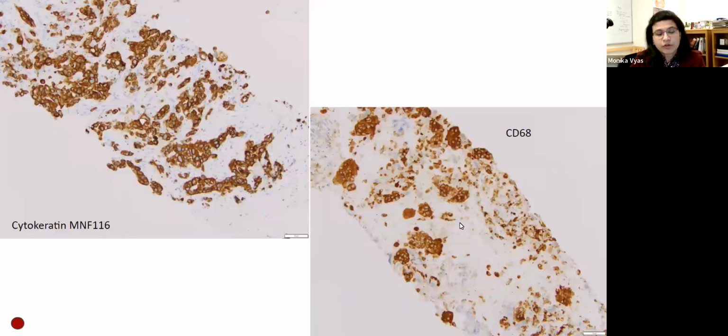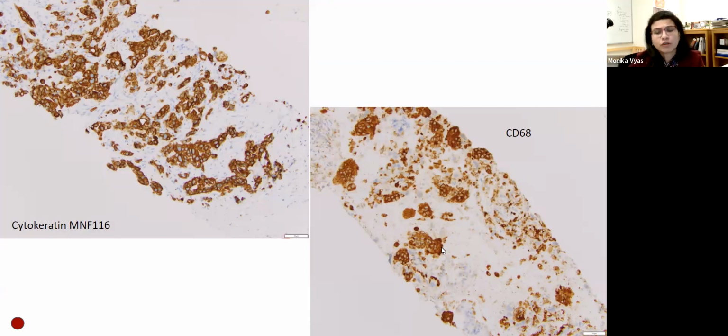Immunohistochemical stains were performed, and cytokeratin highlighted the malignant looking glands, as well as numerous single cells and small clusters within the stroma. So definitely concerning for adenocarcinoma here. The multinucleated giant cells were all positive by CD68, which is a histiocytic marker.